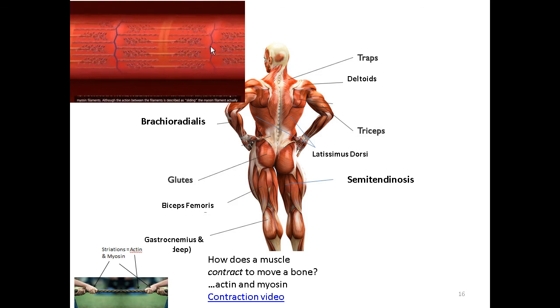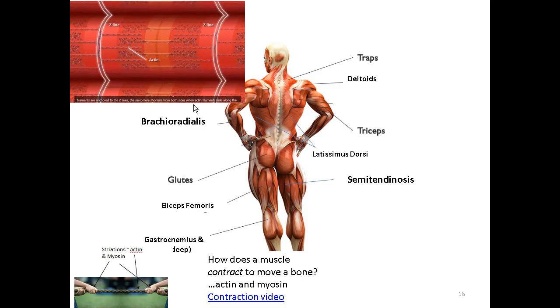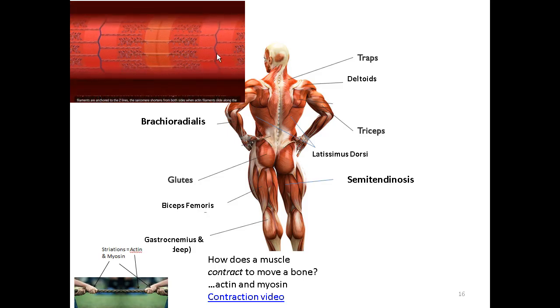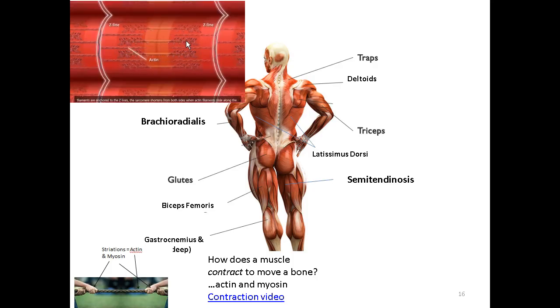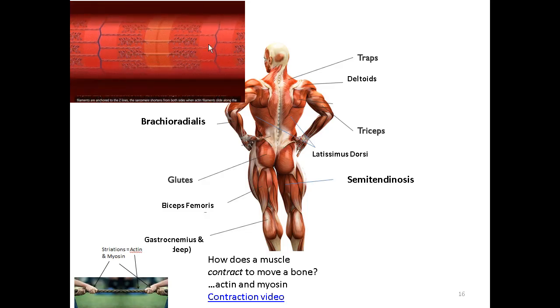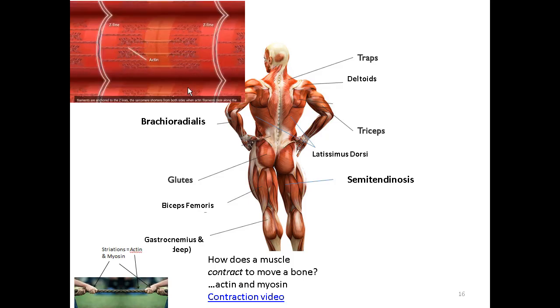So there's other parts of this sliding filament theory, but you don't have to know them. The actin here is anchored to this purple line running up and down. And so when the myosin heads grab it, it pulls that vertical purple line in on each side. And there's millions of these in one muscle. And so your muscle kind of contracts like a worm moves.